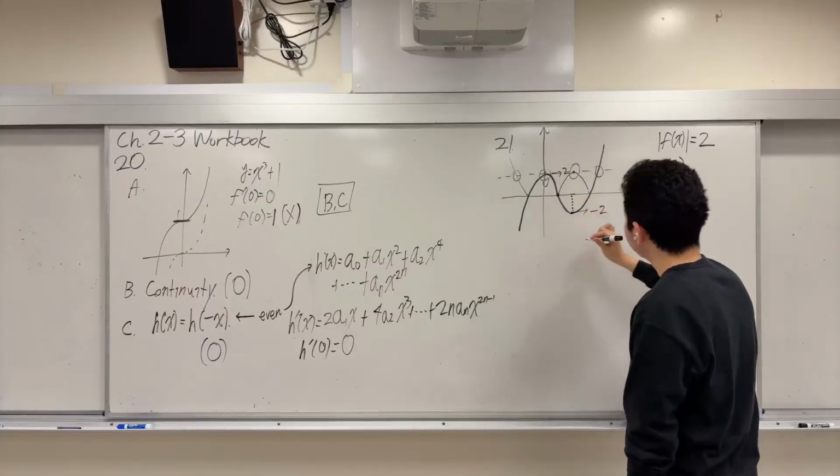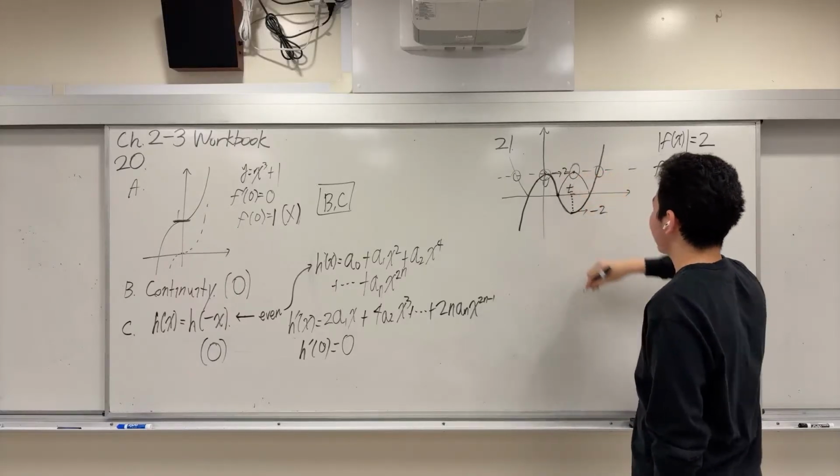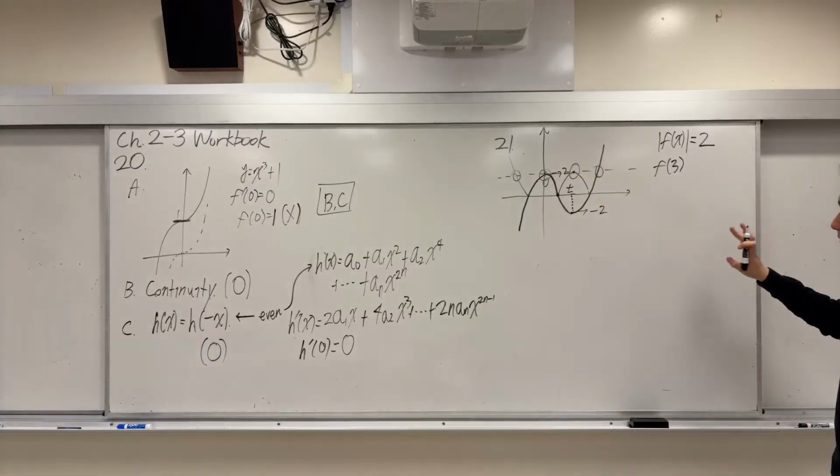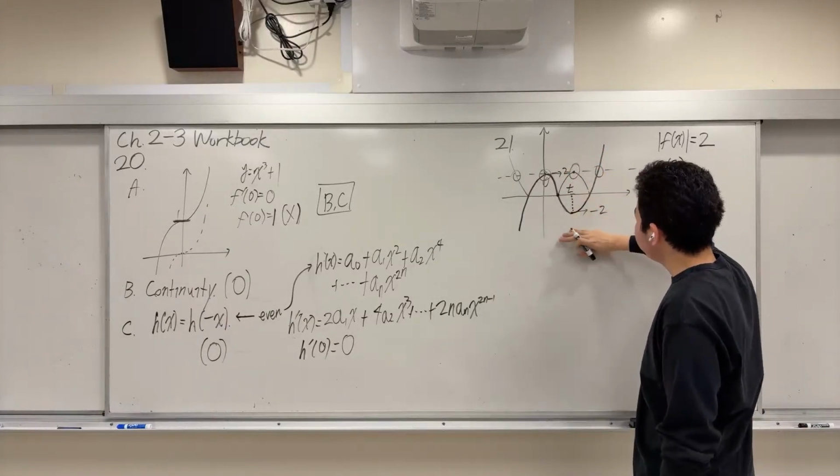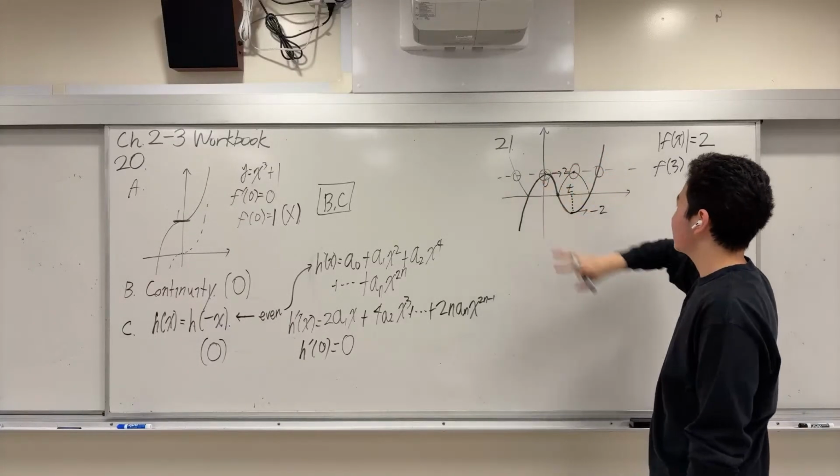But I think let's go with setting up a variable here. Now pay attention here. Our local minimum is at x equals t, and our local maximum is at 0.